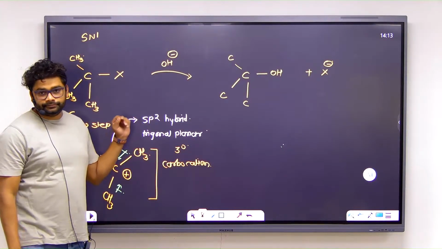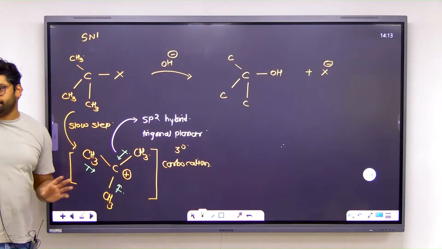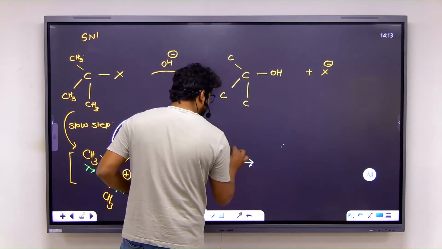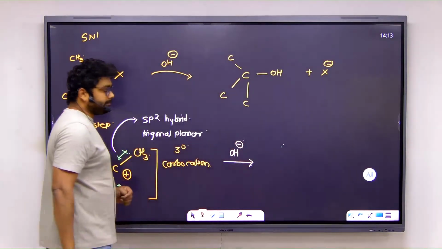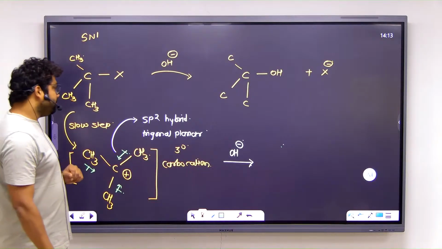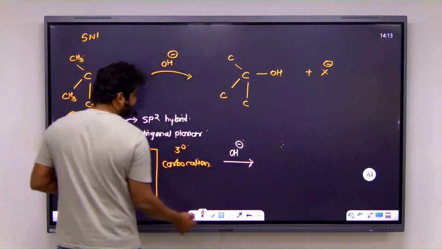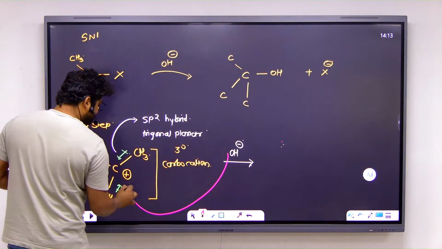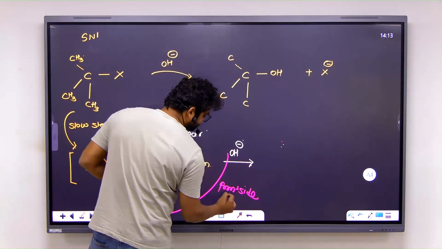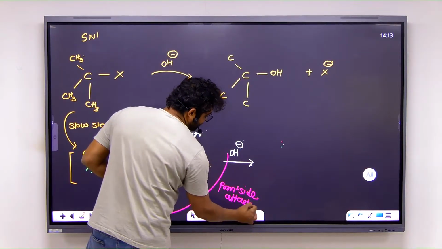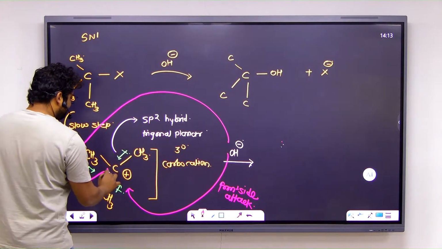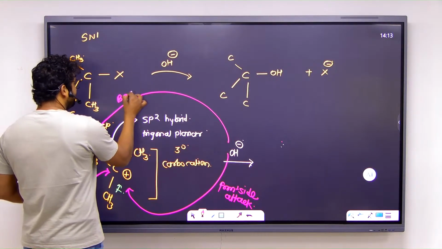and due to its geometry and hybridization, the nucleophile OH minus can have two types of attack on this carbon. OH minus can follow the first, front side attack, and second, OH minus can have a backside attack.